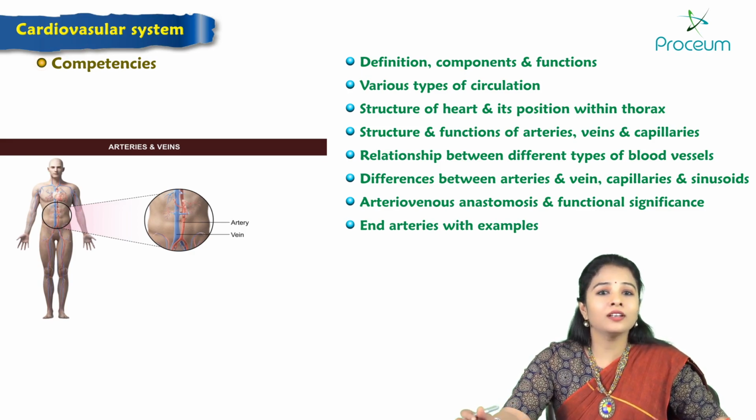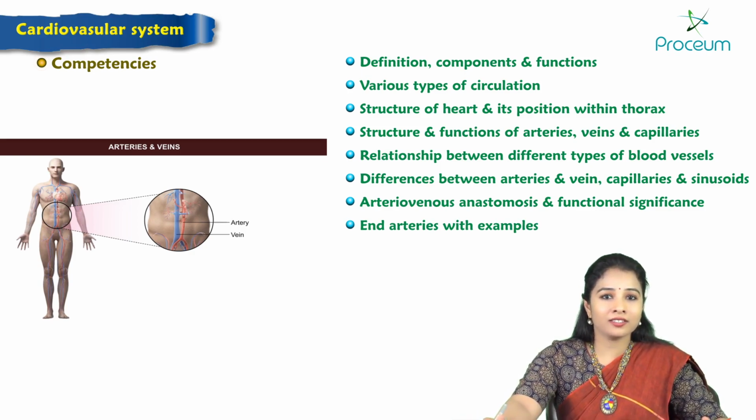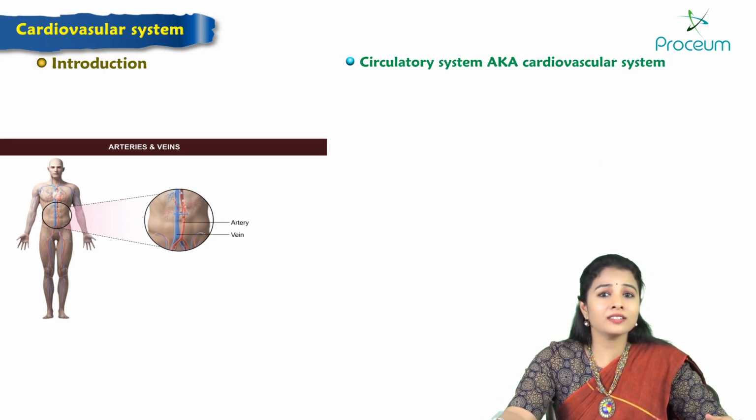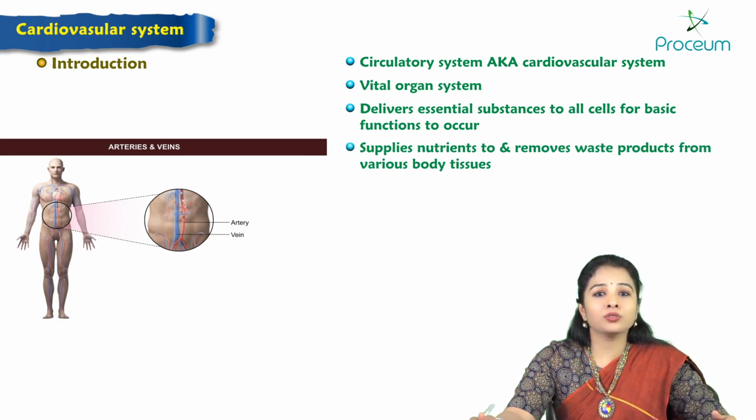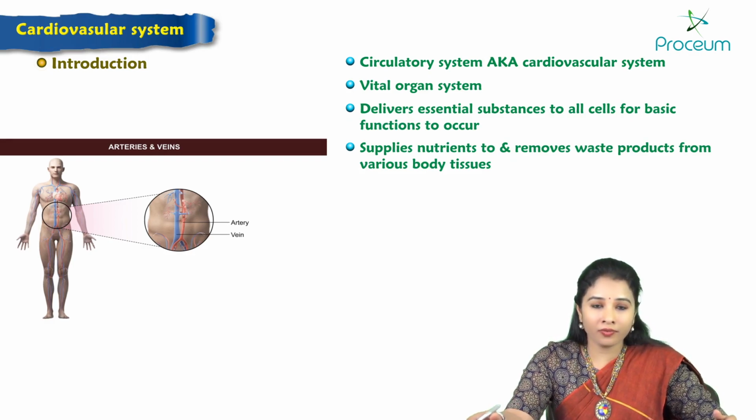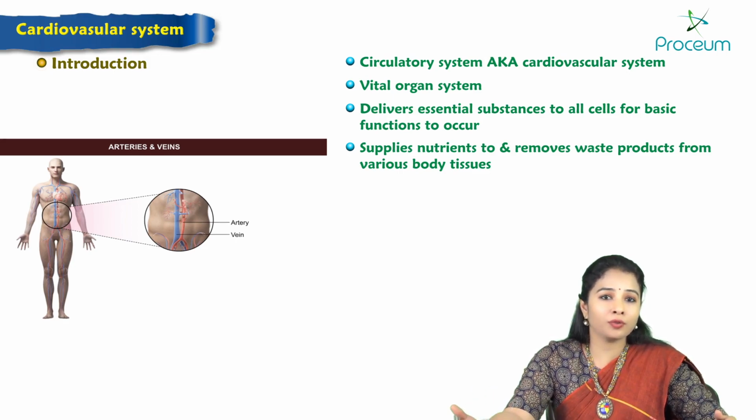Let's begin with the introduction to circulatory system. The circulatory system is also called as cardiovascular system. It is a vital organ system that delivers essential substances to all the cells for basic functions to occur. The system supplies nutrients to various tissues and removes the waste products from various tissues of the body.